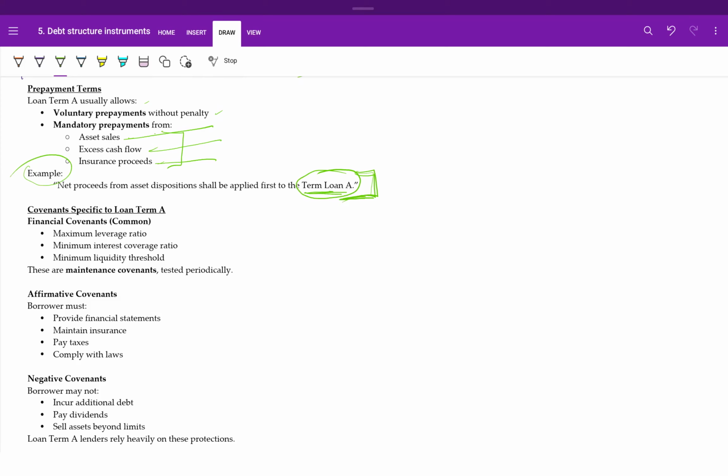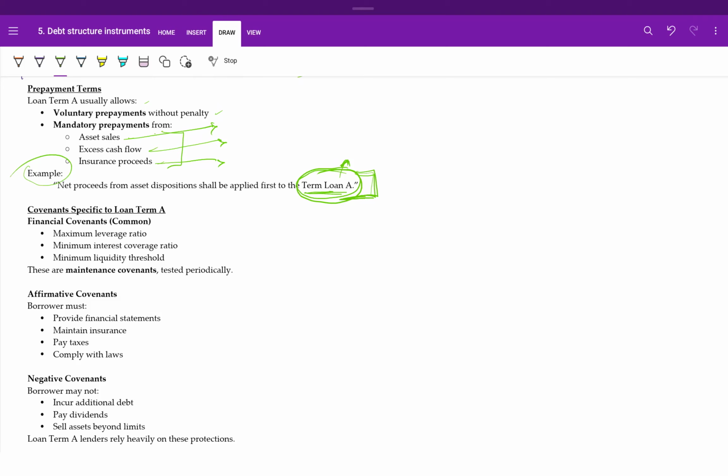Because loan term A is secured, it has a senior claim on all the cash flows. So if there is excess cash flow, we first pay back loan term A.